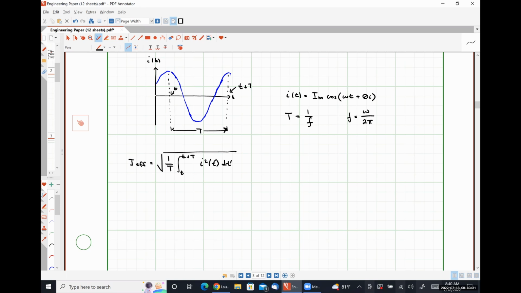So from this, we can find that our period T is 2 pi over omega.